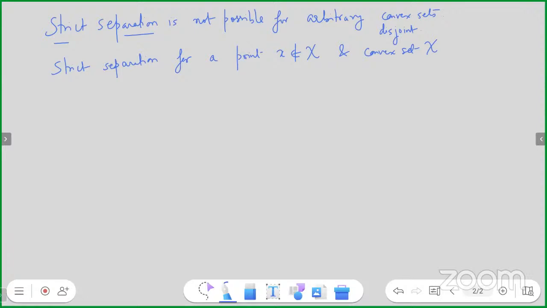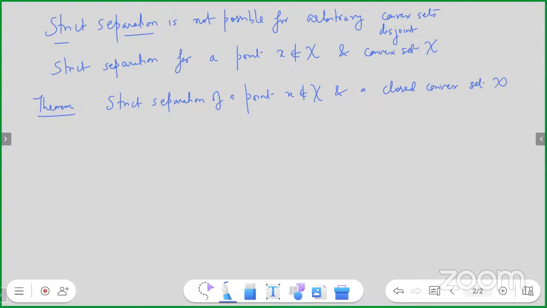Okay, so this is in fact the theorem: strict separation of a point x not belonging to a closed convex set chi is always possible.